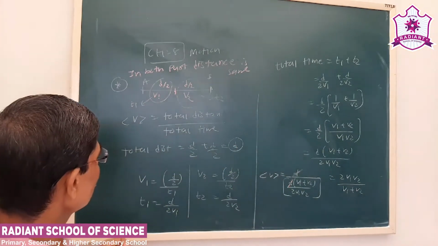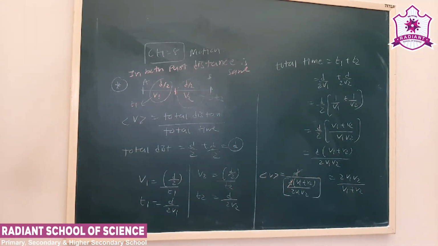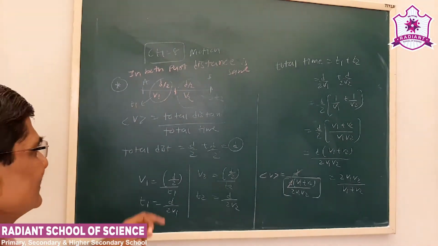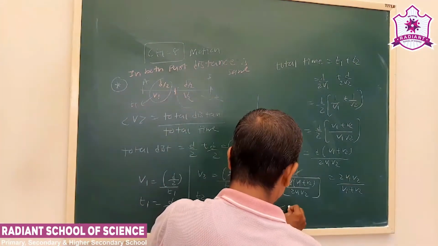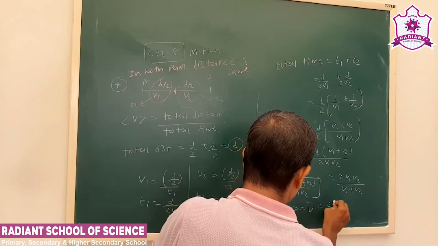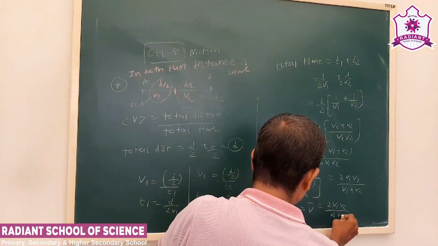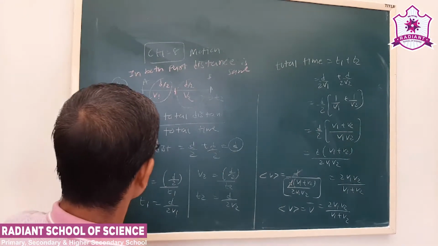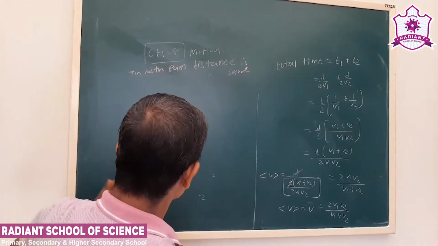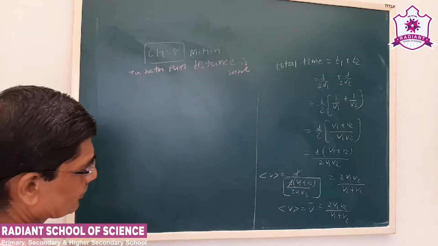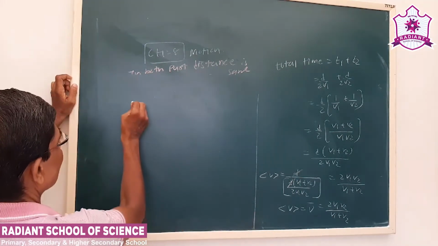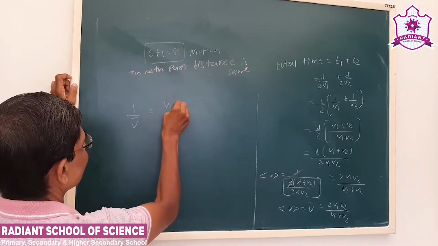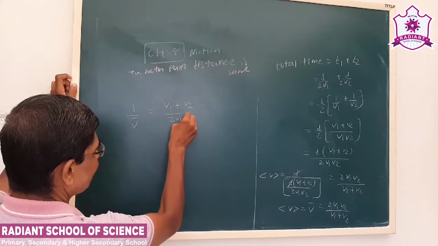So when we are given data in such a way that the distance in both parts is the same, speed is different, then average speed v bar is 2 v1 v2 upon v1 plus v2. Sometimes they arrange it like this, that is also true. Suppose I take the reciprocal of this, 1 upon v bar is v1 plus v2 upon 2 v1 v2.